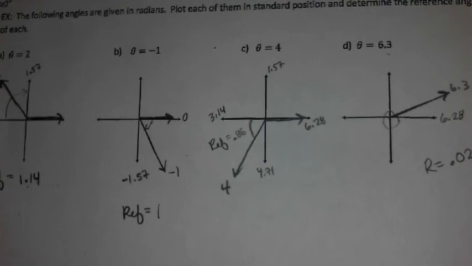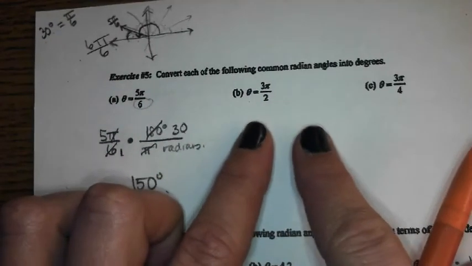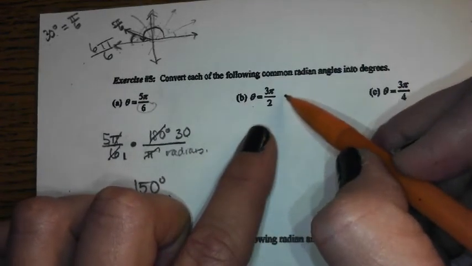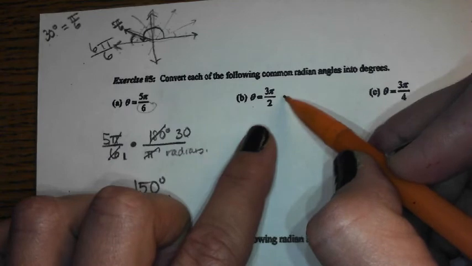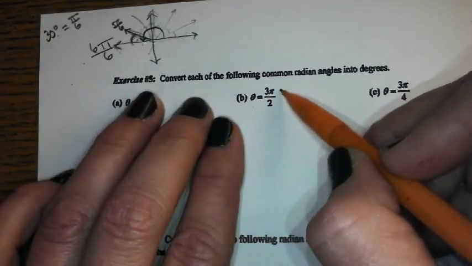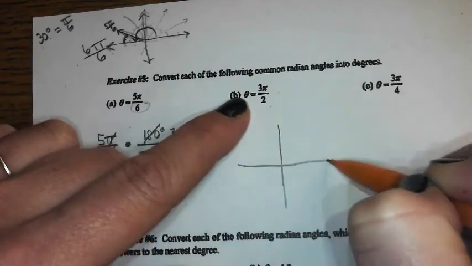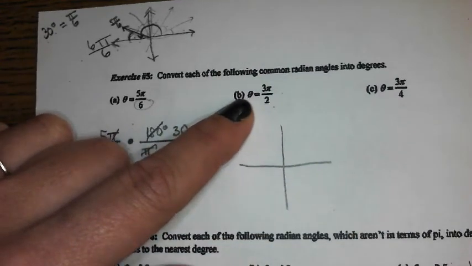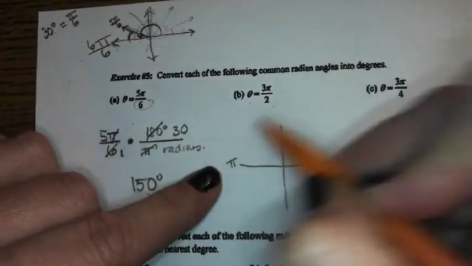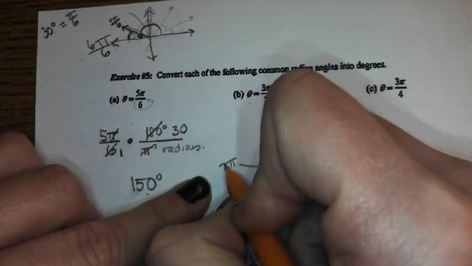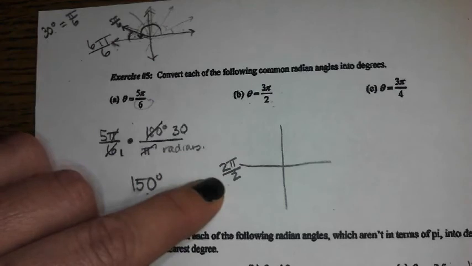Okay? I want to go back up to this top part. Not so much to convert, because we all can just multiply by 180 over pi. But let's talk about where this is. See, this denominator is 2. So when I create my rotation diagram, and normally this is pi, if my denominator is 2, I'm going to think of this as 2 pi over 2.